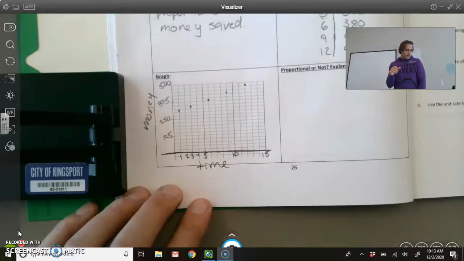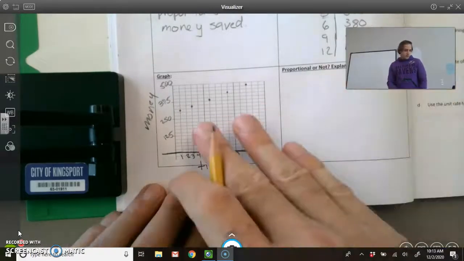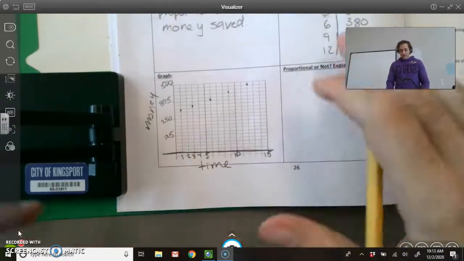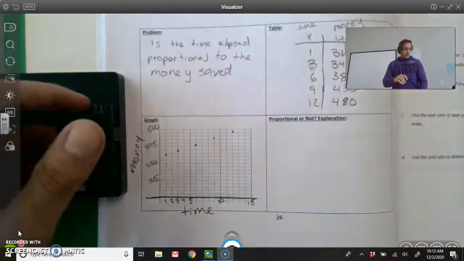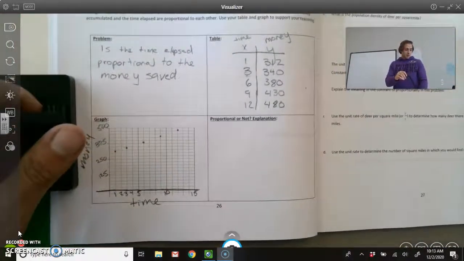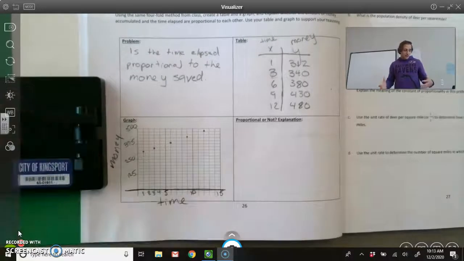Now, my goal is to take this graph and this table, and we need to decide if this is a proportional relationship. We have the data we need now. We have the information in front of us. Now we can check to see, is it proportional?